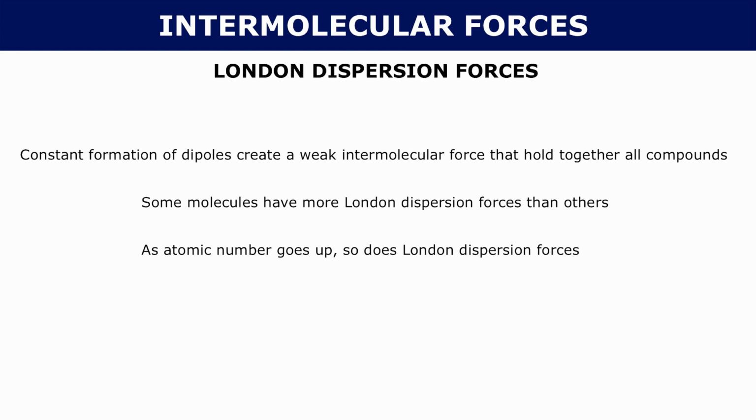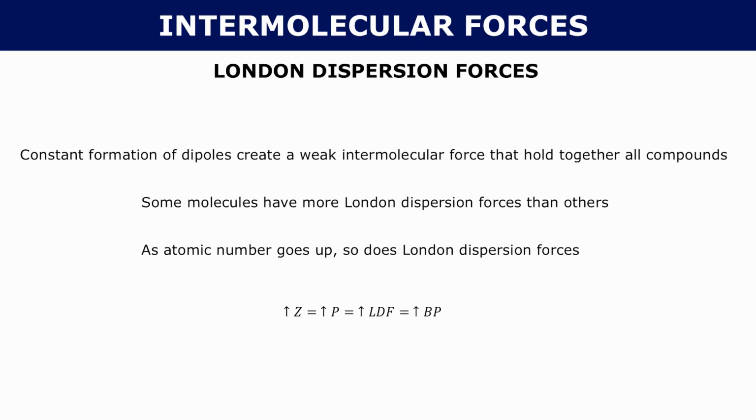Some molecules are going to have more London dispersion forces than others. And it's usually going to be as atomic number goes up, so does London dispersion forces. Why is this going to happen? Well, as you increase your atomic number, you're also going to be increasing how many electrons you have. The more electrons you have in a compound, the more likely it is that by random chance, more electrons are going to be on one side as opposed to another.